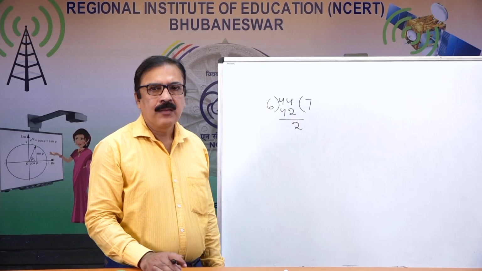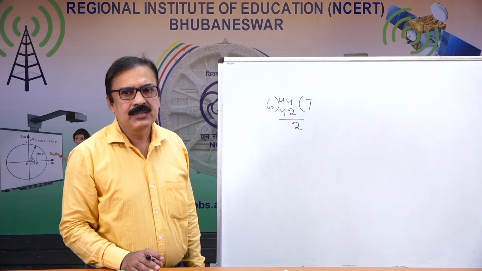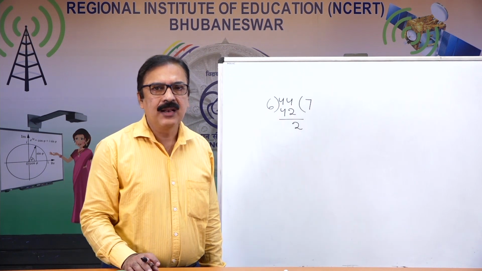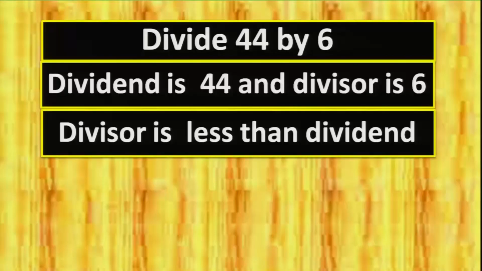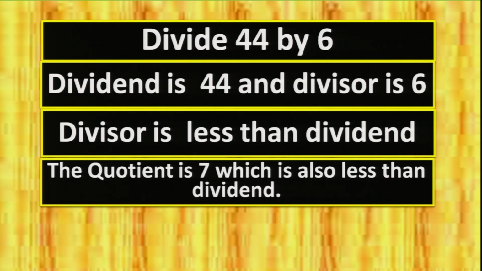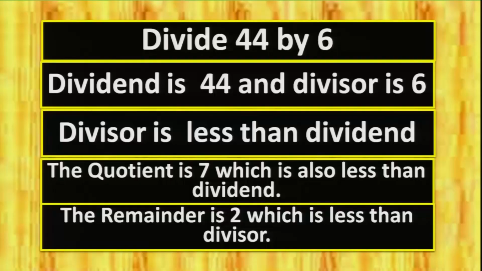Clearly 44 is more than 6, or 6 is less than 44. So the divisor is less than the dividend. In this case, the quotient is 7, which is again less than the dividend. The remainder is 2, which is less than the divisor.